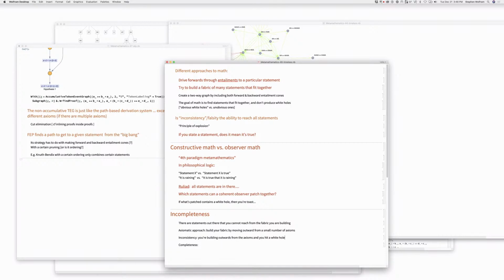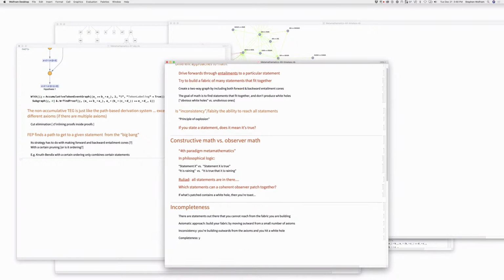I believe then what's happened is, okay, so what is completeness? Completeness is you can reach the statements, and you never reach a white hole. You can reach not all statements altogether, but you can reach a definite set of statements.